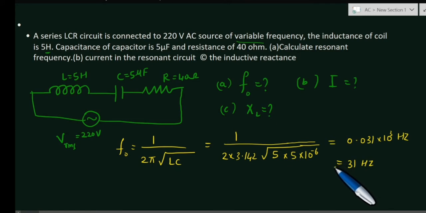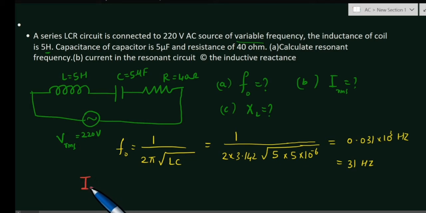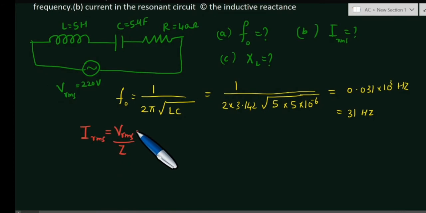And next they are asking for the value of current, the resonating current, the current at resonance. That is Irms is equal to Vrms divided by Z. But the Z value we can substitute: square root of R square plus XL minus XC whole square.